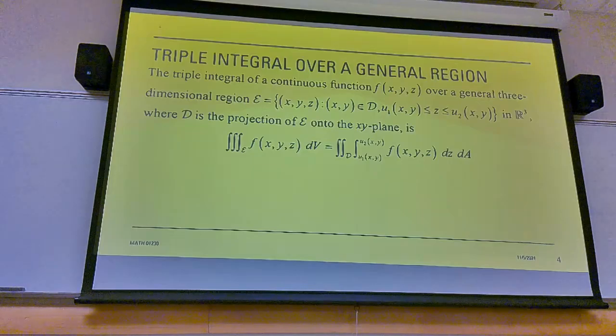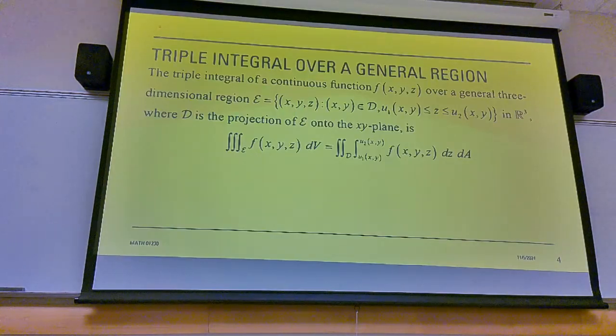Obviously, this region E is a subset of R3, which is real space. D is your projection of E onto the XY plane. You can think of it like a shadow. So it's the shadow of the three-dimensional region on the XY plane.